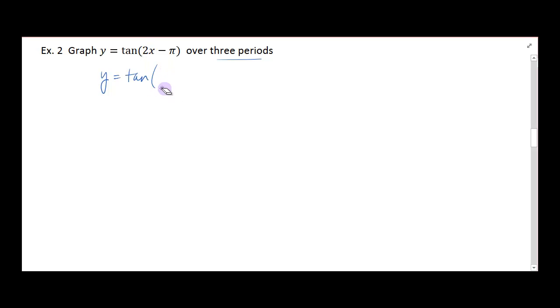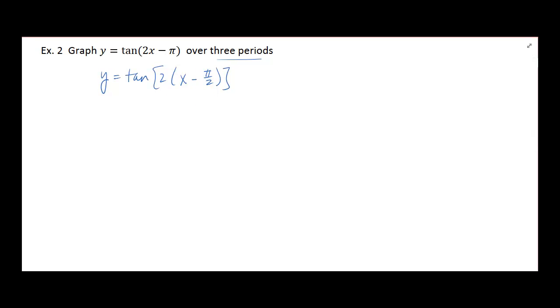If I factor 2 out of both of those terms, I'm left with x minus pi over 2. So this is the function I now want to be looking at, the tangent of 2 times x minus pi over 2. That not only allowed me to look at b individually so I can calculate the period, but it also lets me isolate and see how the phase shift is going to occur here.